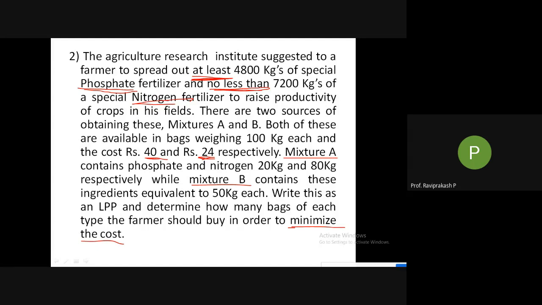Then we will go to the constraints, subject to. If you are getting any doubts, you can ask me in between while solving.